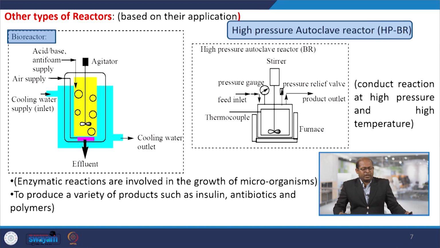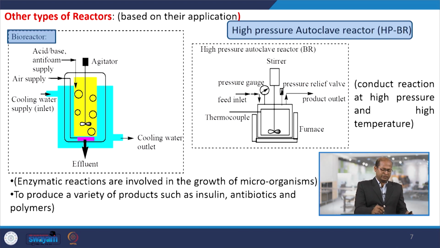Apart from that there are also bioreactors. This type of reactor is commonly used for enzymatic reactions, growth of microorganisms, and production of antibiotics, insulin and various compounds, if you want to conduct bio related reactions. Then we need to use this type of reactor to carry out the reaction.